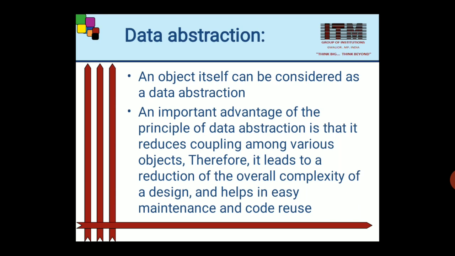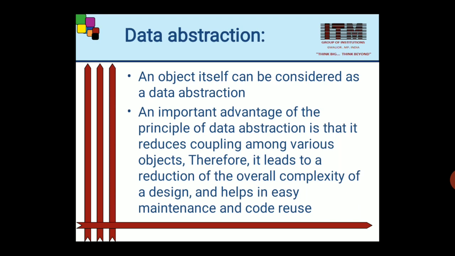For example, a stack object might store its internal data either in the form of an array of values or in the form of a linked list. So other objects would not know how exactly this object stores its data and how it internally manipulates its data.